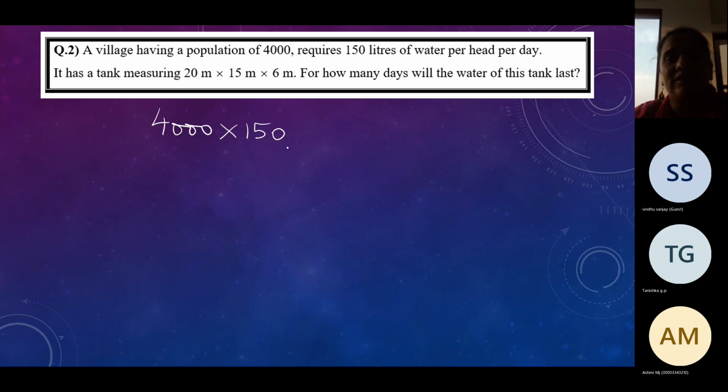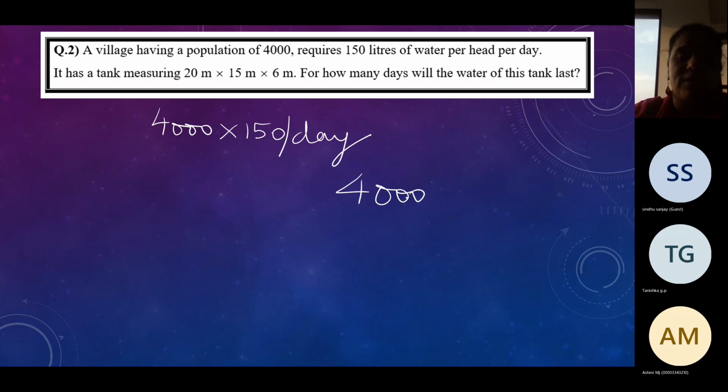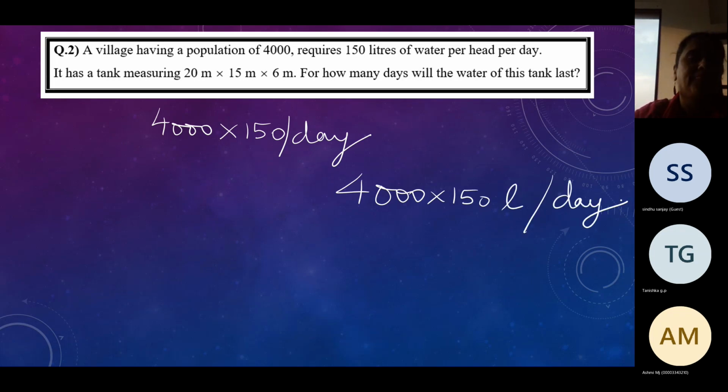But this is for one day, because it is 150 liters of water per head per day. 4,000 is the number of members in the village. One person needs 150 liters, so 4,000 people will need 4,000 into 150 liters of water per day. It has a tank measuring 20 meters by 15 meters by 6 meters.